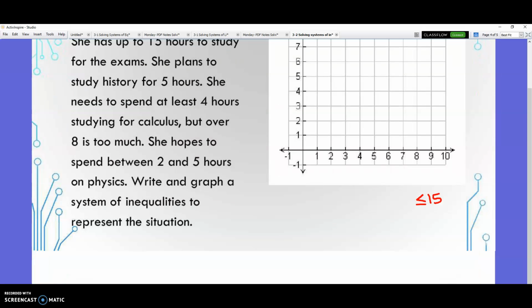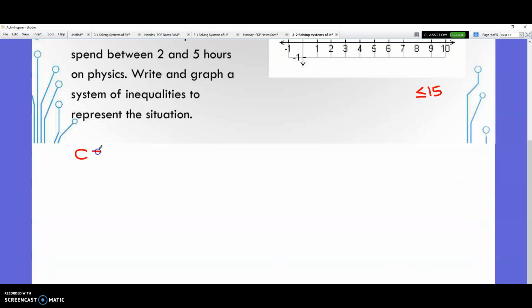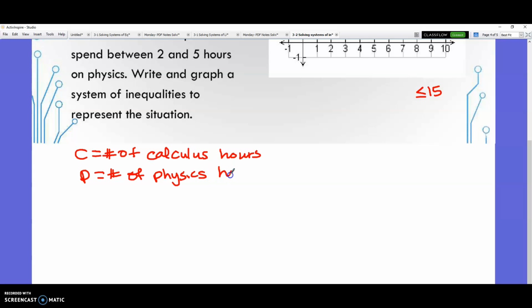So I'm going to say that C is going to represent the number of calculus hours studied. P will equal the number of physics hours. And H will equal the number of history hours.